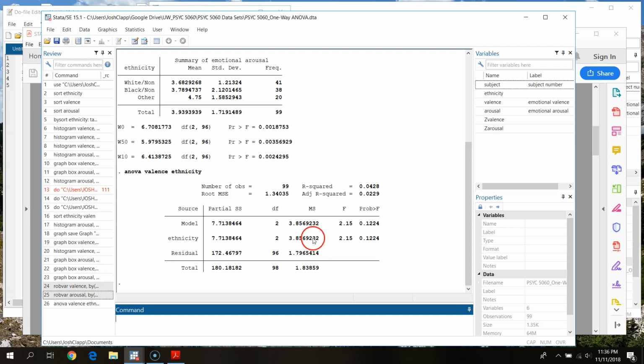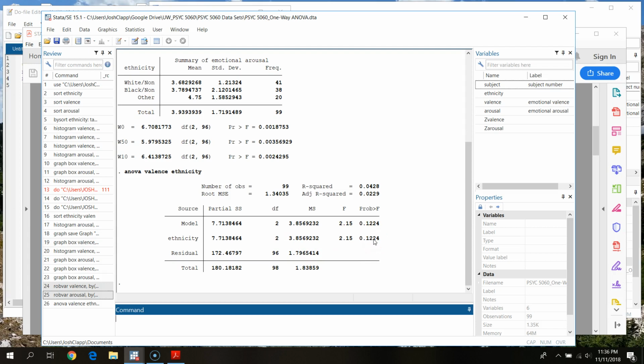So we have our variance that's attributable to our effect, and our variance that's attributable to just random unaccounted error and differences. And so if we divide our mean squared between, or our mean squared effect, or our mean squared treatment, by our mean squared residual, or our mean squared error, or our mean squared within, this is going to give us our F-test and then our p-value here.